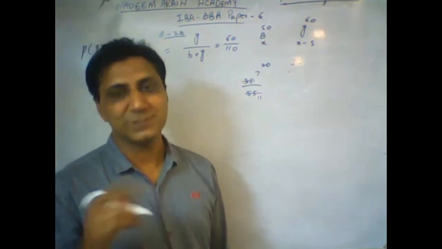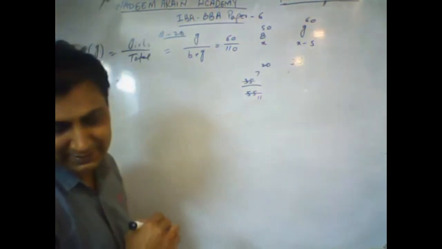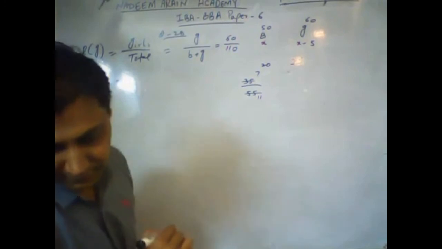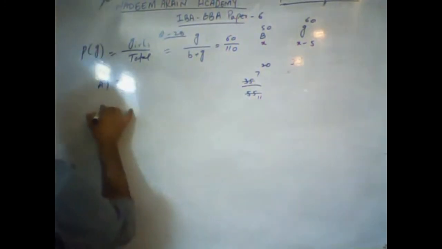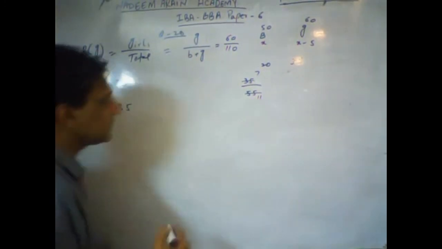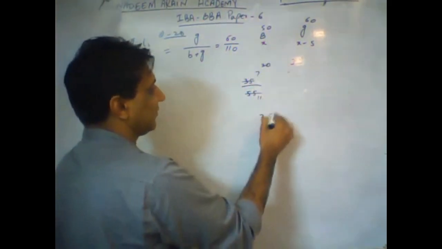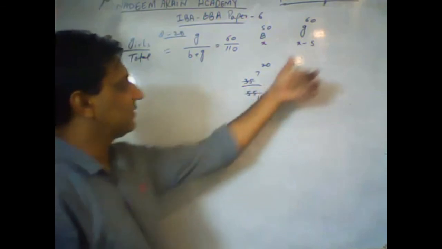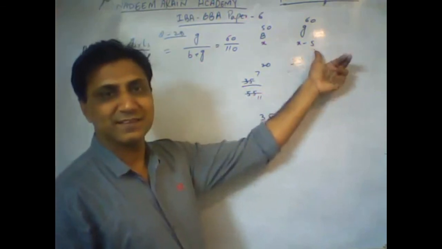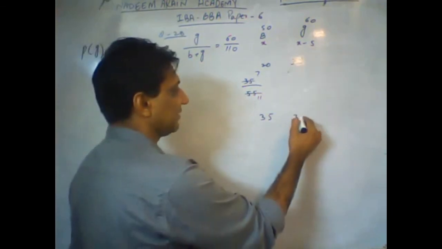So let's assume option B, that is 35. Now assume that 35 boys are leaving, 35 minus 5, 30 girls are leaving.